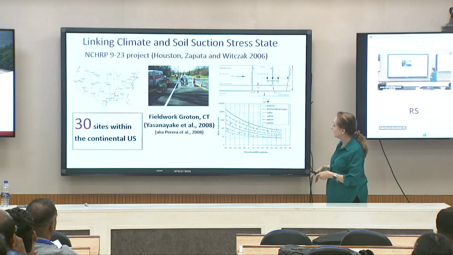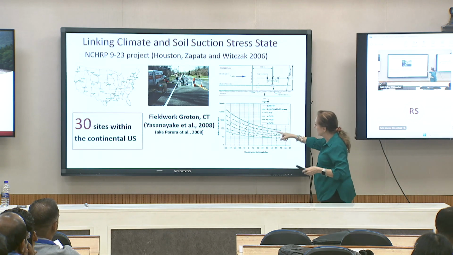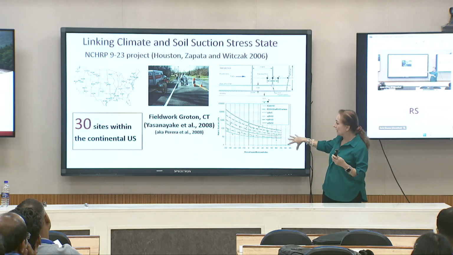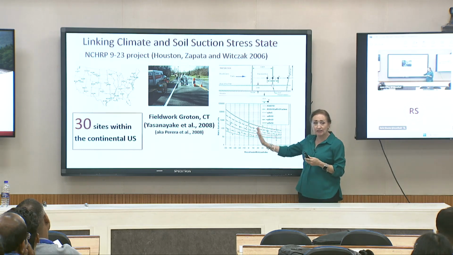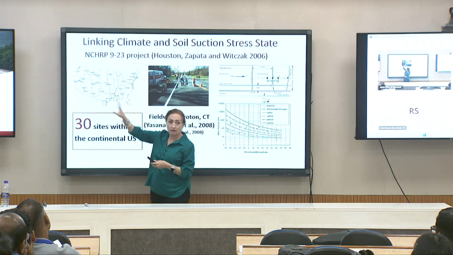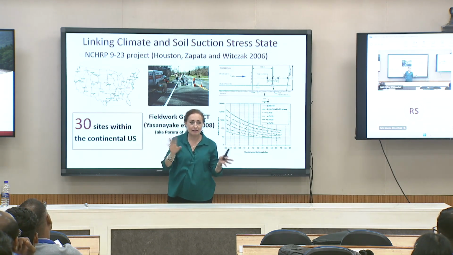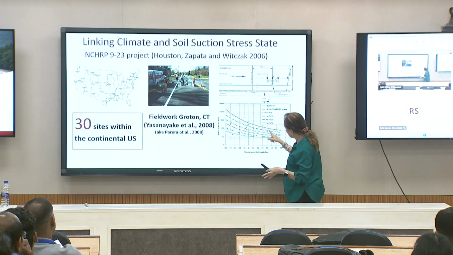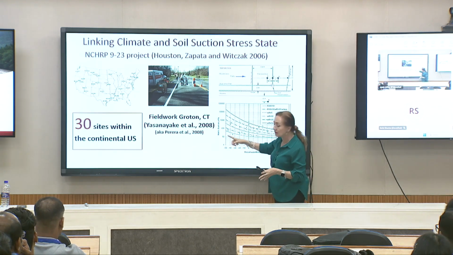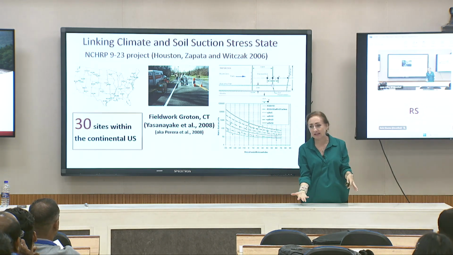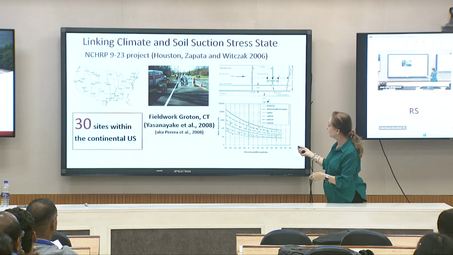Based on that, we got all this data and created a family of curves in which we were able to relate the Thornthwaite moisture index. This was all across the United States, and we got all the TMIs available. We put all these points in there and calculated the suction value for granular material and for subgrade materials. That's how we created this family of curves.